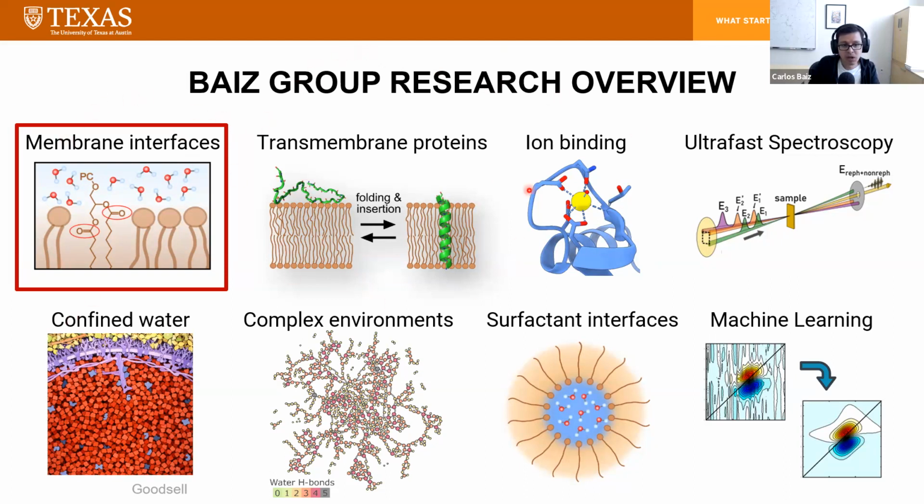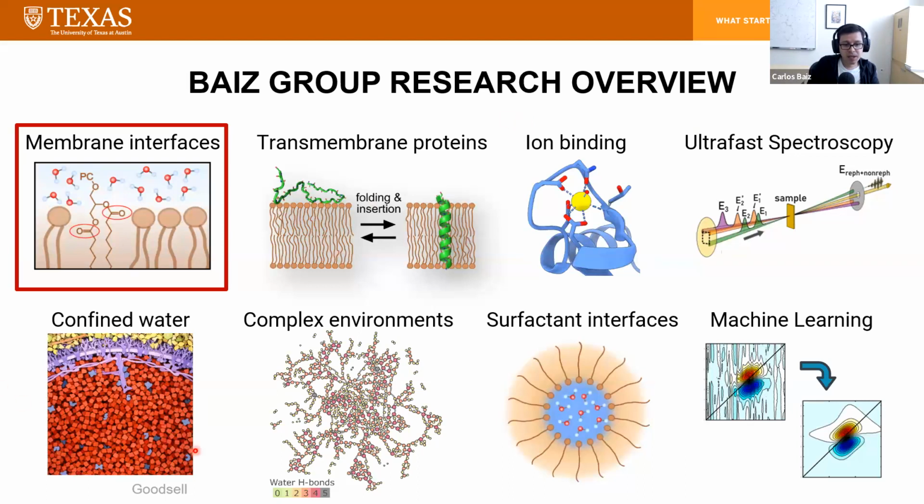We're also working on transmembrane proteins, understanding the mechanisms by which proteins fold into lipid membranes. We have done some recent work on ion binding. Specifically, we have a focus on lanthanide ions, not necessarily for biological purposes, but for materials recovery and so on. As you know, there's been a lot of push on critical minerals recently, and so we got into this research area.